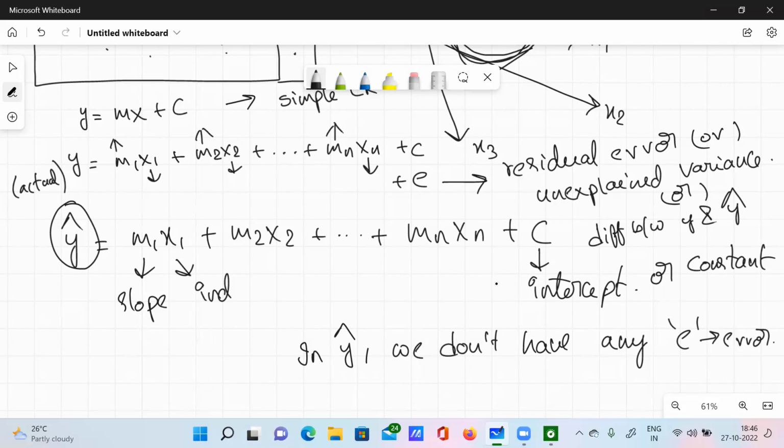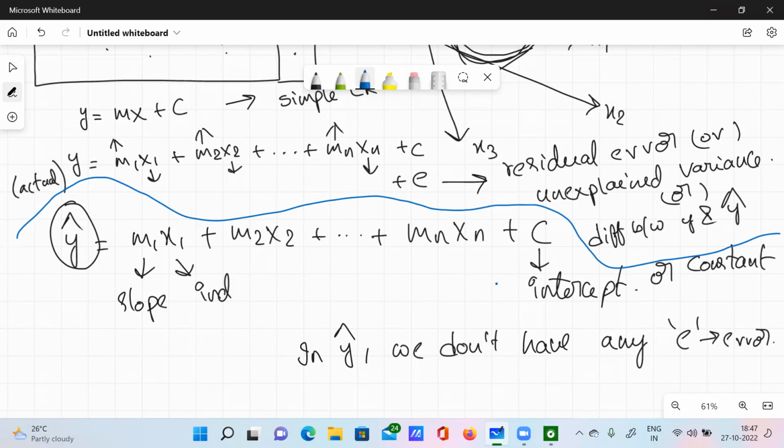And just remember this: this is the y here actually, and this is the y hat here. These two are different. This is the actual one, and this is the predicted one, which is predicted by our model. The difference between these two is nothing but the error, right? So that is the error term.